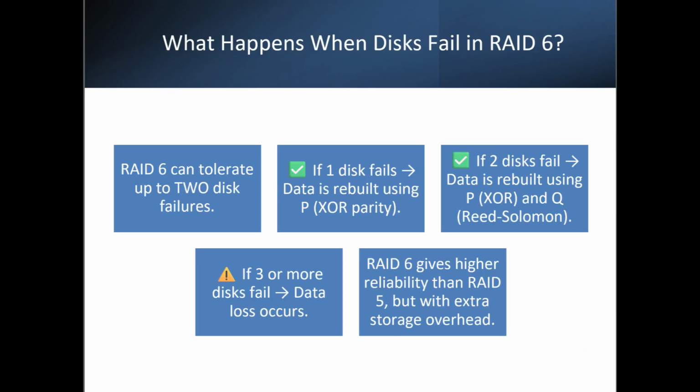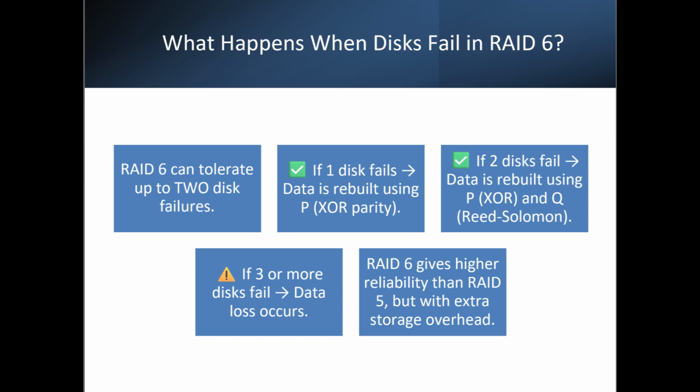What happens when disks fail? If the first disk fails, recovery works just like RAID 5. We use the parity value to recover the missing data. If the second disk fails, now we have two unknowns. Say you have lost your second and fourth disk, so your data blocks D2 and D4 are gone.